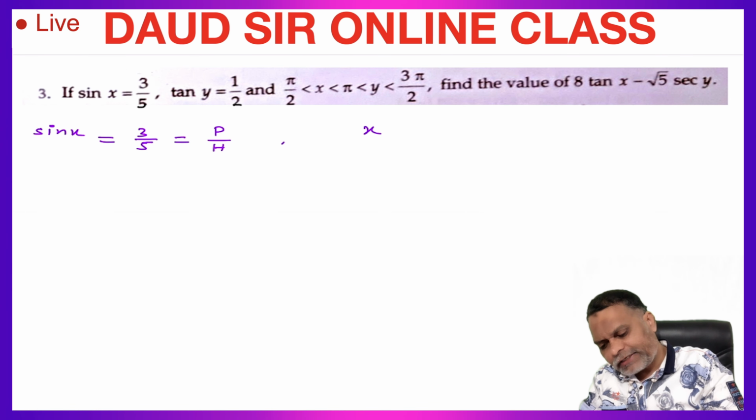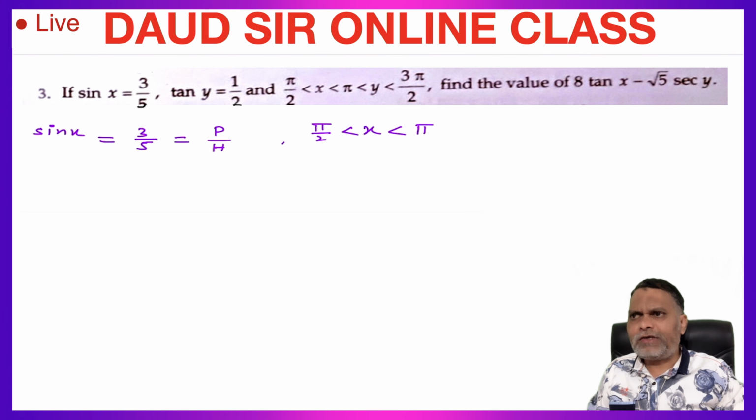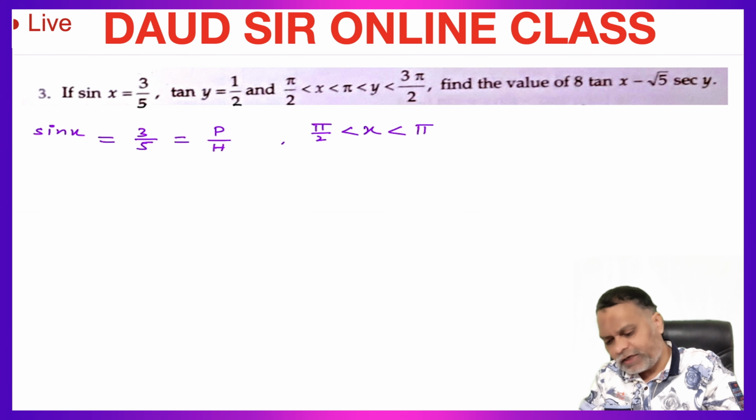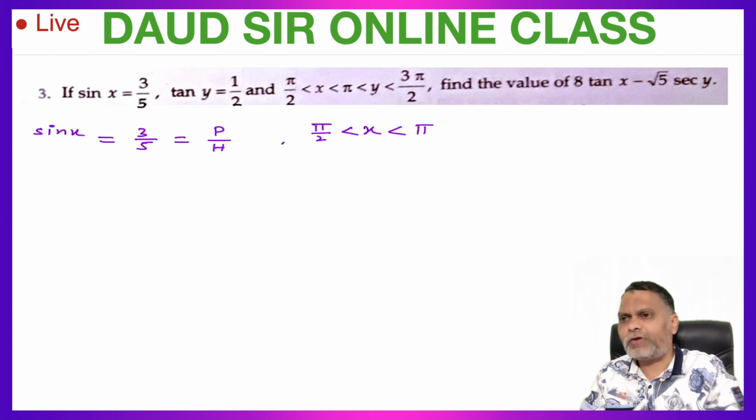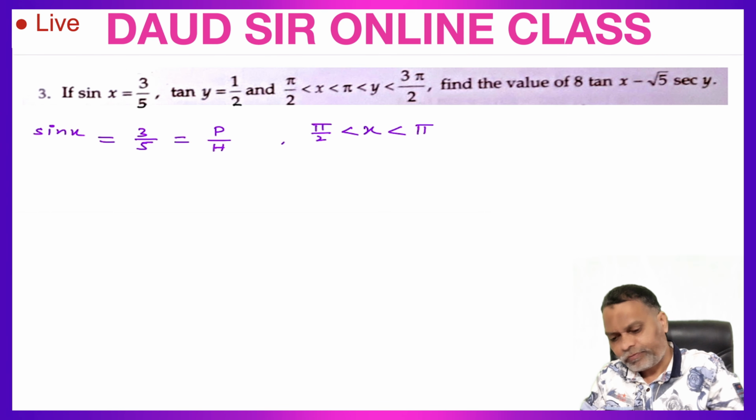The value of x is given, x is greater than pi by 2 and less than pi, which means the value of x lies in the second quadrant. In the second quadrant, sin is positive, that is why the value of sin x is given positive 3 upon 5. So with the help of this 3 upon 5, this is perpendicular and this is hypotenuse, calculate the third side.